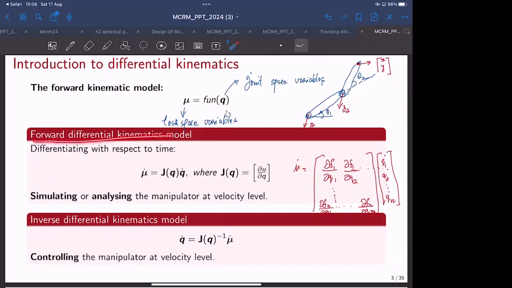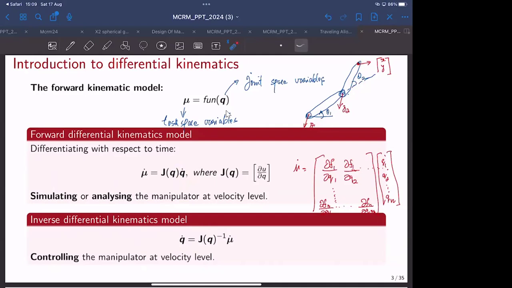And the case of forward differential kinematic modeling is more or less similar to simulating or analyzing the manipulator at velocity level. For example, if you give some inputs as q dot, say velocities to the motors at the two revolute joints R1 and R2, like 5 radians per second for the first revolute joint and 6 radians per second at the second, what would be the velocities at the end effector, maybe x dot and y dot?